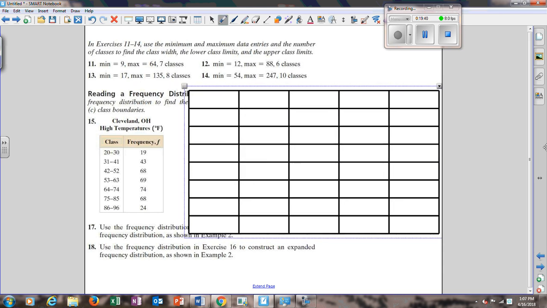Okay, so our original class, then frequency. We have to find a midpoint, the relative frequency, and the cumulative frequency.